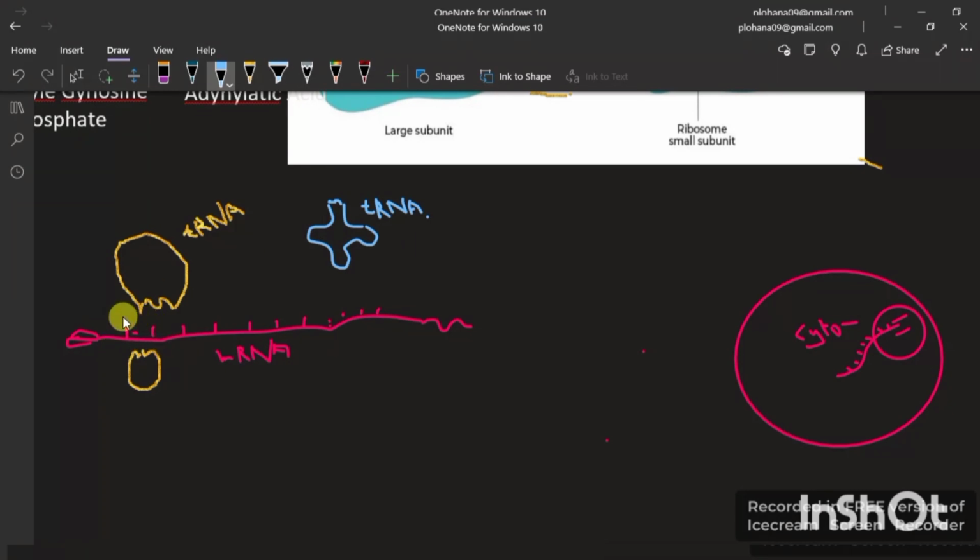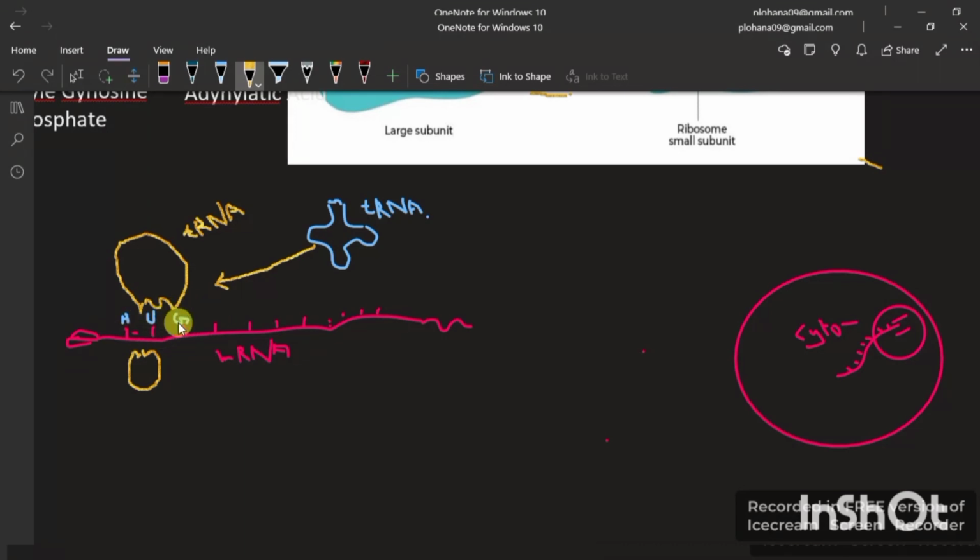Or suppose here we have the codon, which is A, wait, let me write here, U and G. AUG. Now what will be happening? tRNA will come and it will start interpreting this codon.